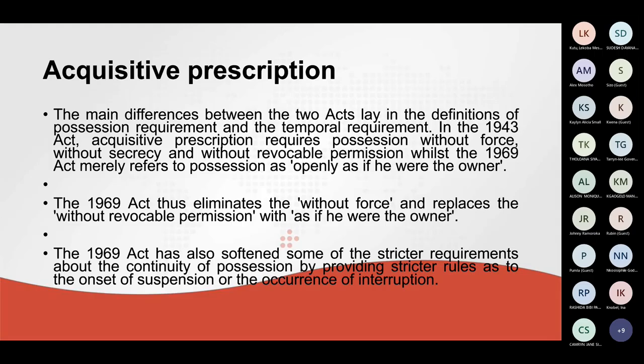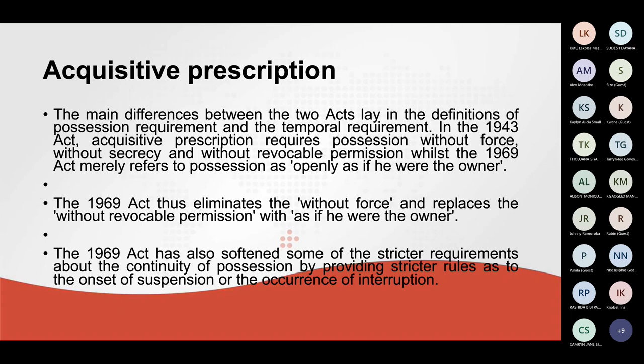So the 1969 Act eliminates the terminology without force and replaces it with the terminology without revocable permission, as if he were the owner.